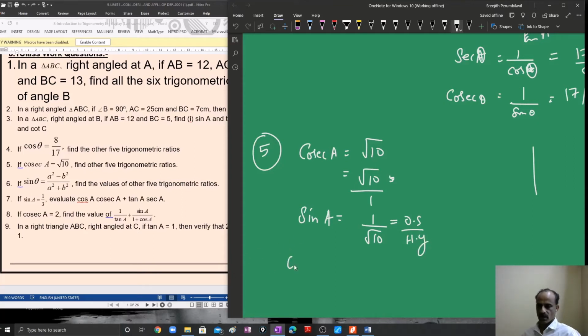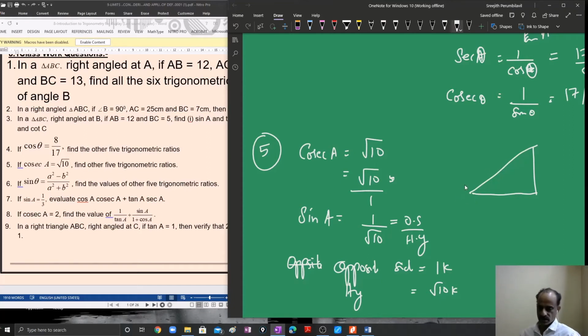Let the opposite side be 1k or k, and the hypotenuse be root 10k. So we have the right triangle.